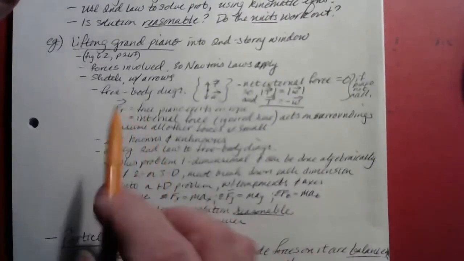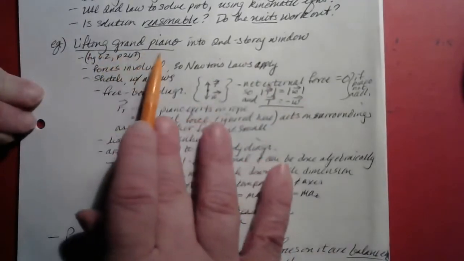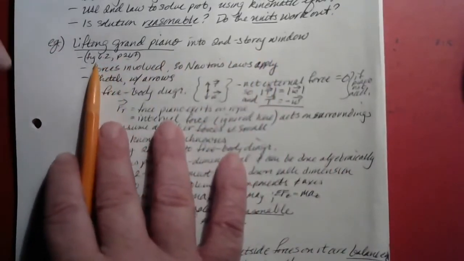An example of applying these rules is the example of lifting a grand piano into a second-story window. The figure is on page 267 if you want to look at it directly. They've got a grand piano.